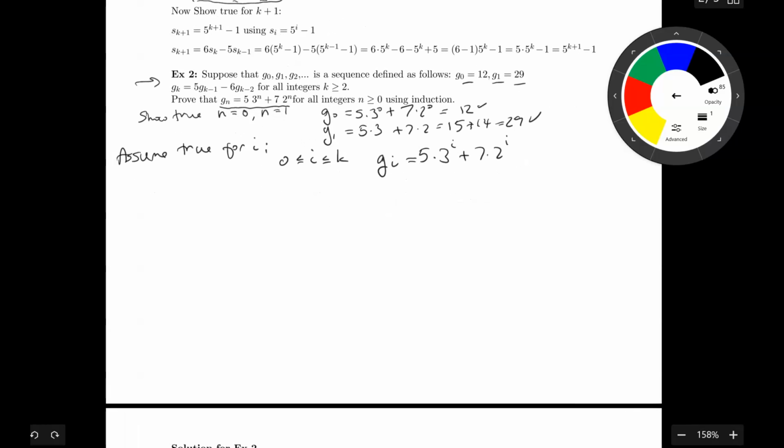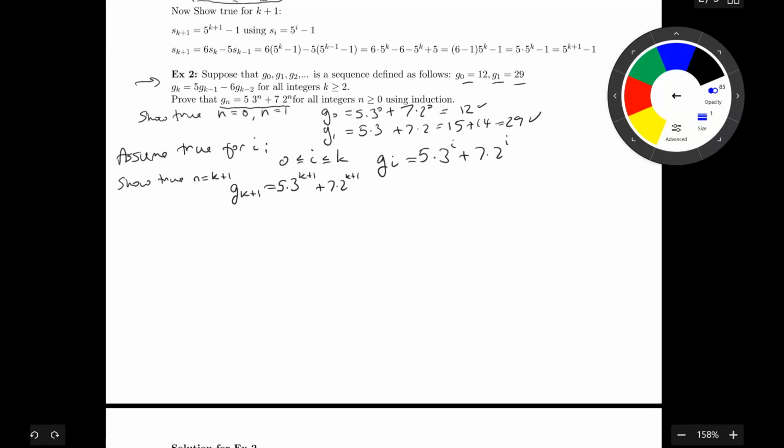Okay, so now when it comes time to go do the proving of it, oh, I'm sorry, let me write that. Let me show true. I forgot the step. Show true for n equal k plus 1. So g sub k plus 1, I'm sorry, 5 times 3 to the k plus 1, plus 7 times 2 to the k plus 1.